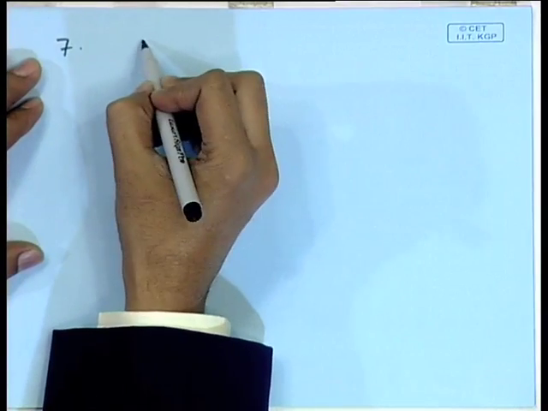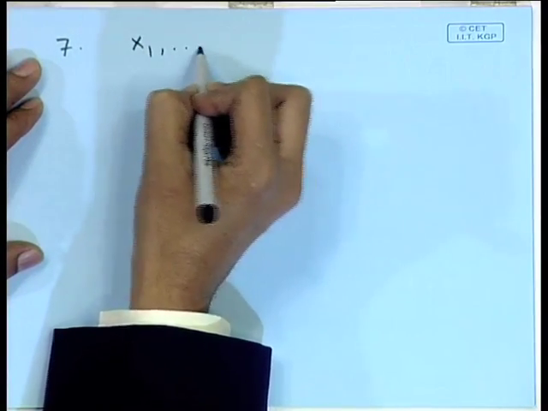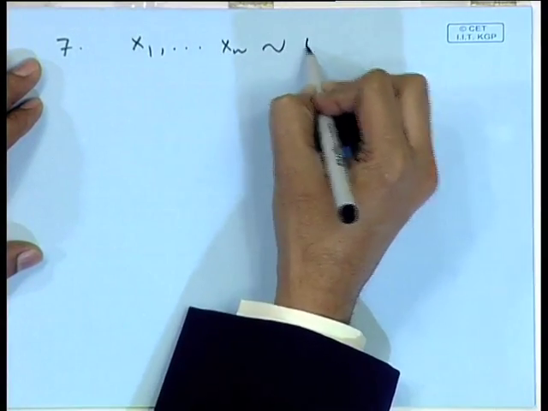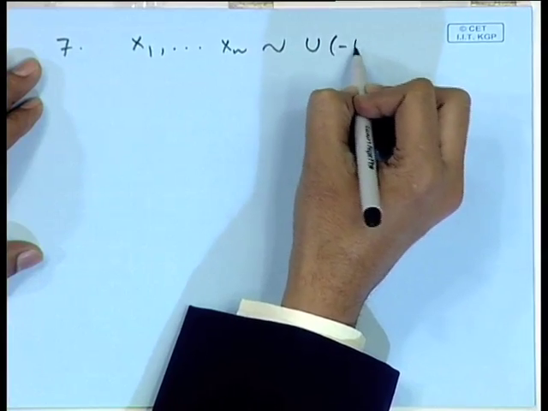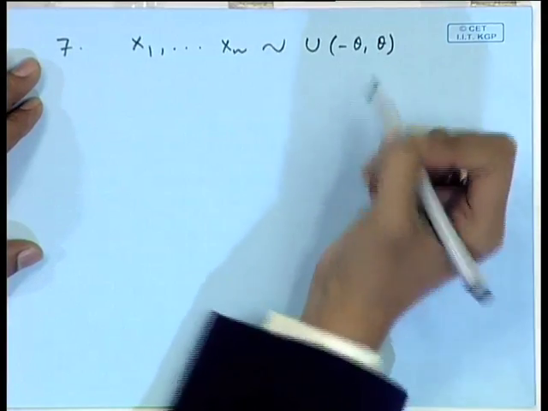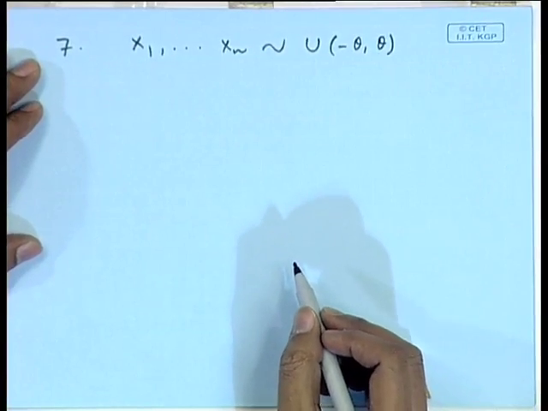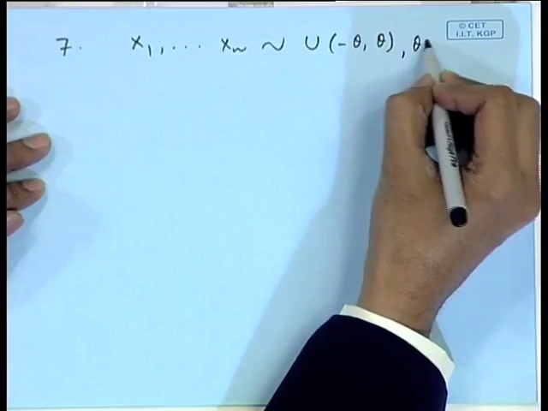Another thing could be that here we have seen that we have to write the number of equations equal to the number of parameters, but there may be some situations where this kind of situation may arise, like if I consider say uniform(minus theta, theta), that means it is a uniform distribution on a symmetric interval, but we do not know the range of the interval, therefore, theta is unknown.